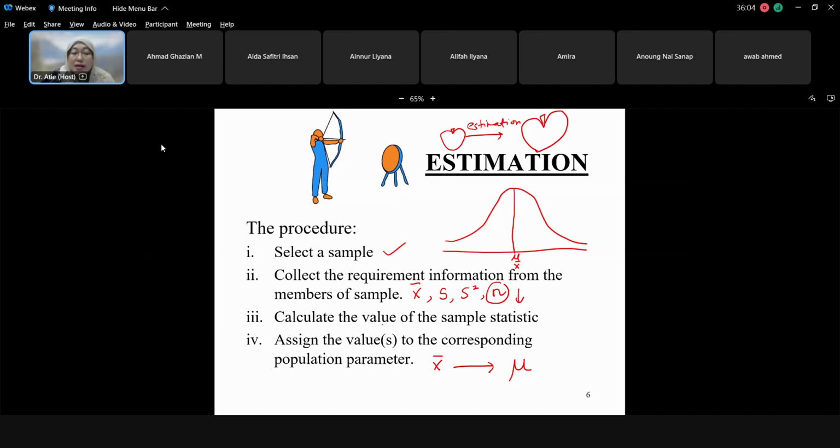The first thing, when we do estimation, we hope that the value of the mean for the sample should be equal to the value of the mean of the population. For example, I study the age of participants in a certain webinar.